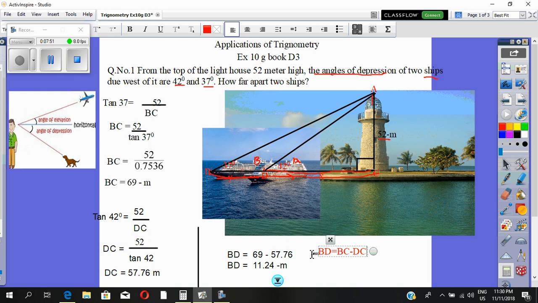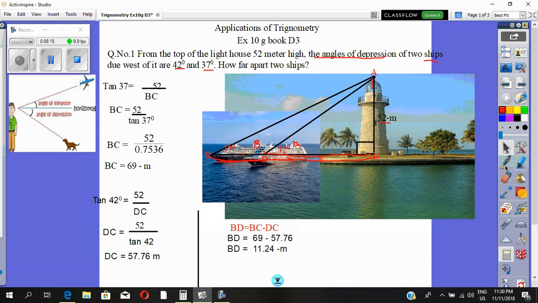And here we have BC is 69 and DC is 57.76.